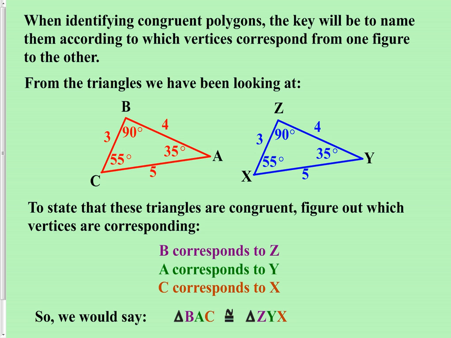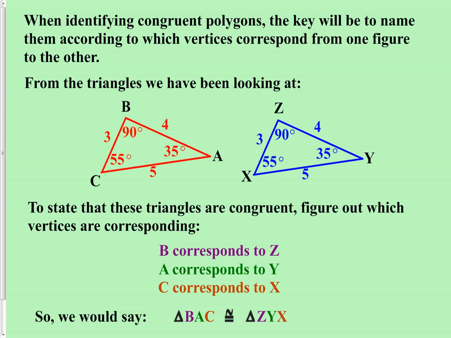So if we're going to list vertex B first on the left-hand triangle, then we've got to figure out what corresponds to vertex B in the right-hand polygon. In this case, it was Z. So B is listed first, Z is listed first. That means B and Z are corresponding vertices. And then from B, we traveled along the side length to vertex A. So on the other triangle, we have to do the same thing.